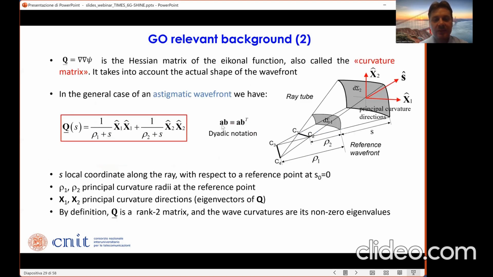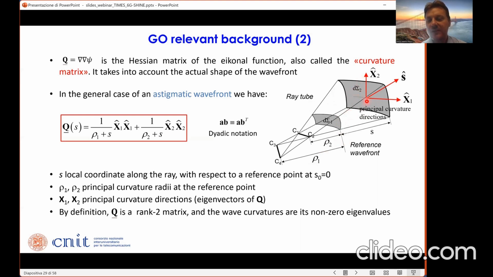Another important concept that I want to recall is the curvature matrix. Vittorio already told you that in general the shape of electromagnetic wavefront is astigmatic. So we can define this astigmatic ray tube where we have two different curvatures, ρ1 and ρ2.